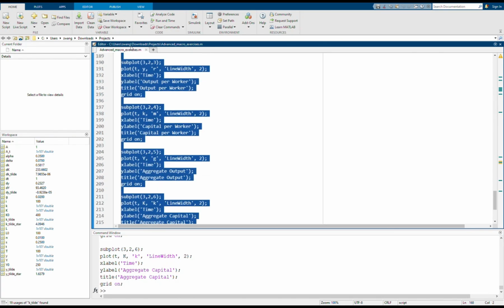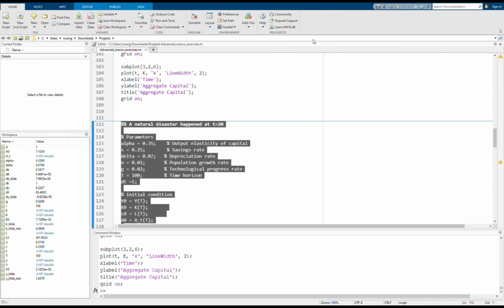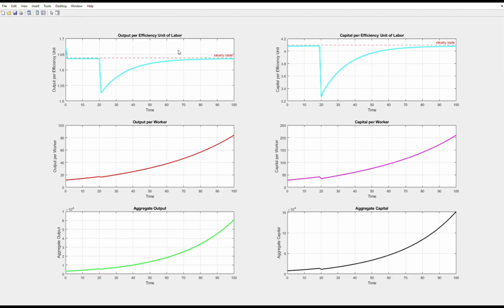Okay, now let's have a look at the result. Let's start from this graph, the capital per efficient unit of labor. In the first 19 time periods, the capital per efficient unit is close to the steady state.